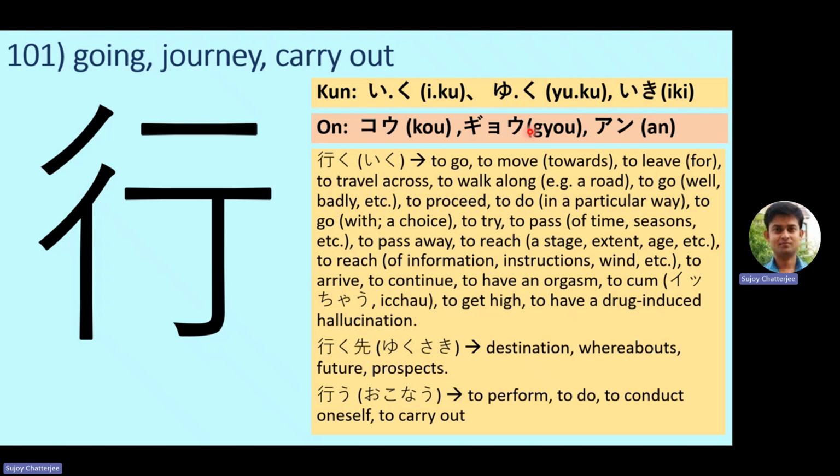To move forward towards something, to leave for, to travel across, to walk along, for example, a road, to go well, badly, etc., to proceed, to do in a particular way, to go with a choice, to try, to pass, of time, seasons, etc., to pass away, to reach a stage, extent, age, etc., to reach, of information, instructions, wind, etc. That means everything that gives the meaning of going somewhere. It can be some kind of hidden meaning or directly going somewhere.